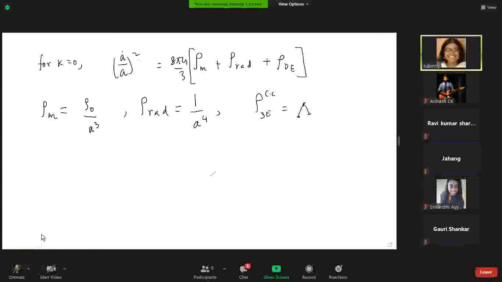So now take your pen and paper. In this universe, suppose it is matter-dominated, then you can neglect the other two. So in this case, find out from the above equation, solve for a(t) as a function of t. Can you do that? It's a simple two-line solution of a simple differential equation.